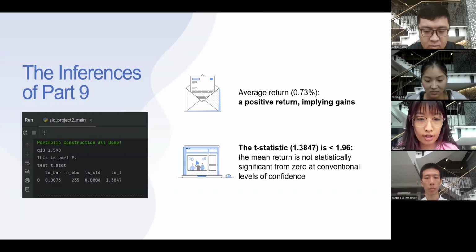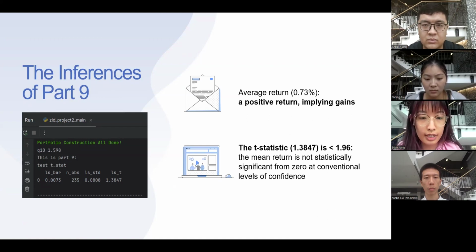So let's look at the t-statistic. For a large sample size, the commonly used critical t-value at the 95% confidence level is about 1.96. Since 1.3847 is smaller than 1.96, the result is not significant at the 95% confidence level.